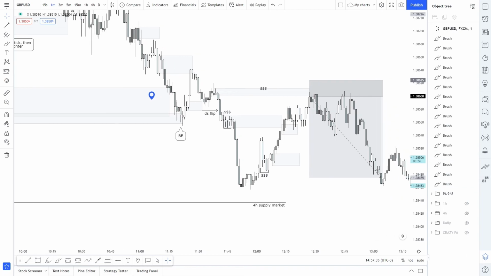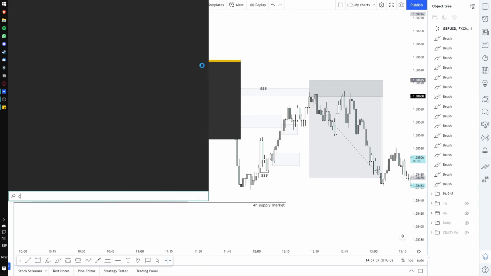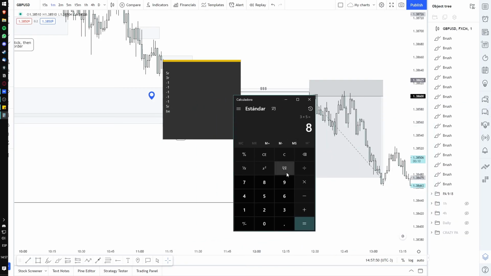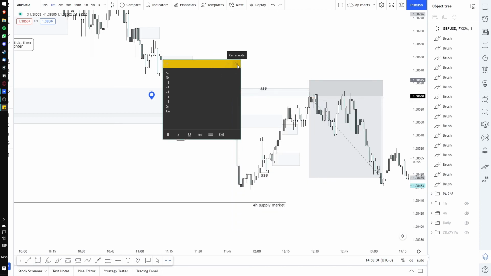But pretty much this is what we would have gotten in a day like today. So you have 5 plus 3, you got 8, minus 1, minus 1, minus 1, minus 1, minus 1, and plus 5. That's pretty much 8R. Multiply that by 0.25%, that would have ended up in a 2% profit in a day.